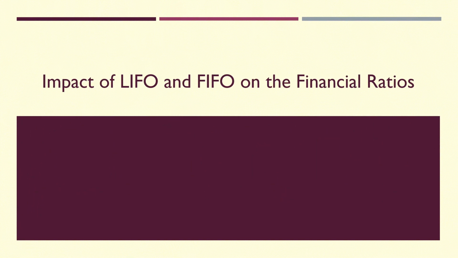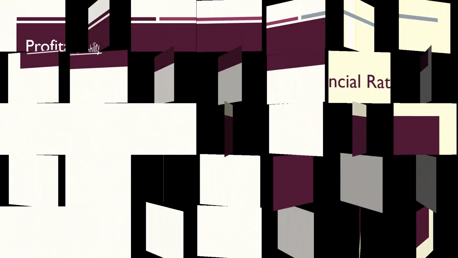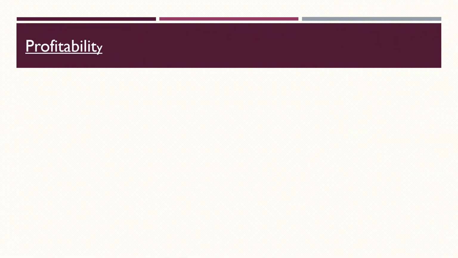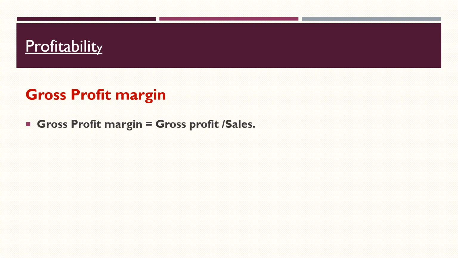Let's see the impact of LIFO and FIFO on the financial ratios. Let's first see the profitability ratio. Under this, we are going to look at the gross profit margin. In the gross profit margin, sales are not affected by the choice of LIFO or FIFO.